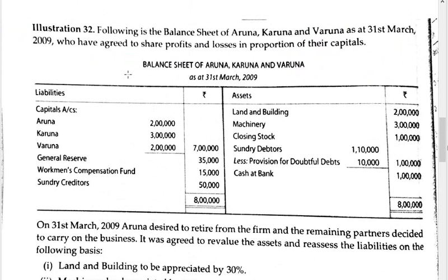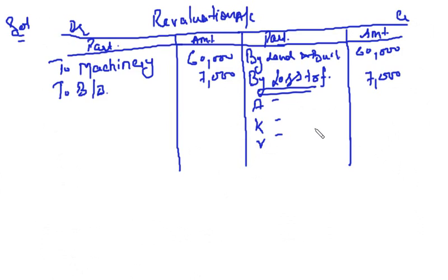See, it is given that they have agreed to share profits and losses in the proportion of their capitals. So the old profit sharing ratio is 2:3:2. Clear? So this is to be distributed in the ratio of 2, 3 and 2. So this comes to 2,000, 3,000 and 2,000. Total comes to 7,000.